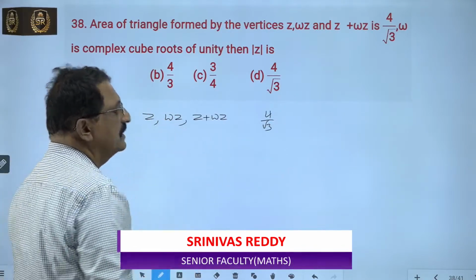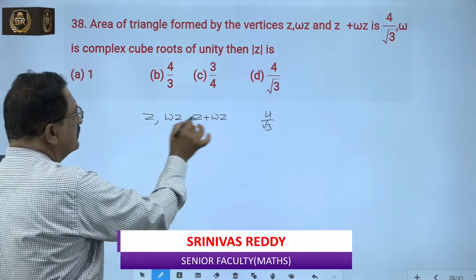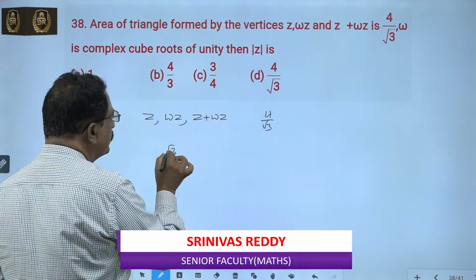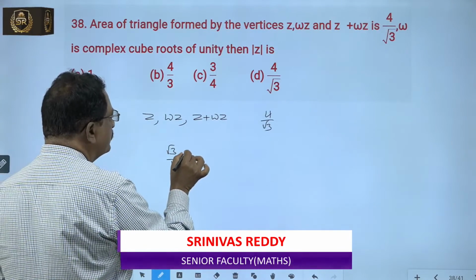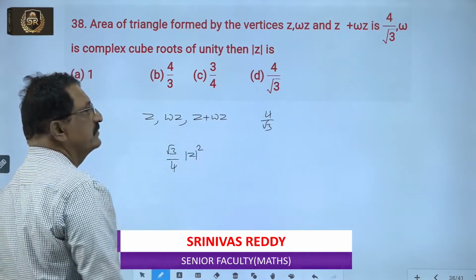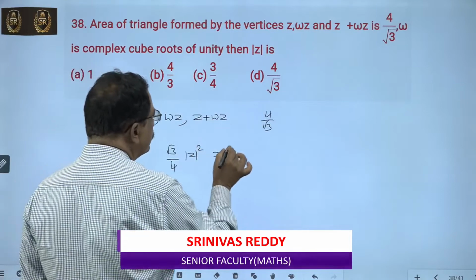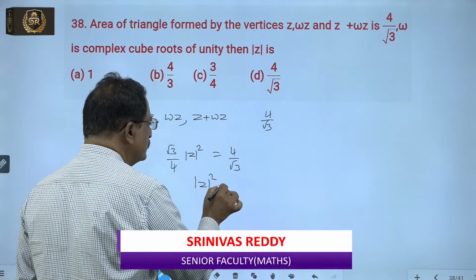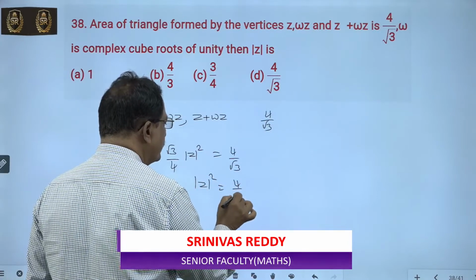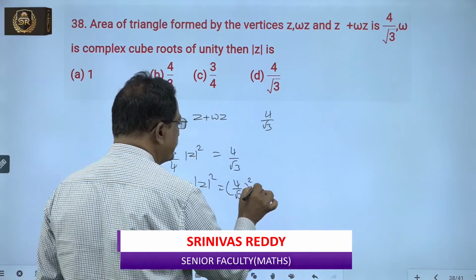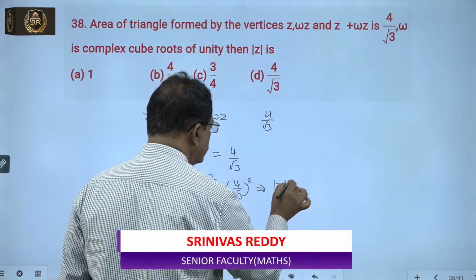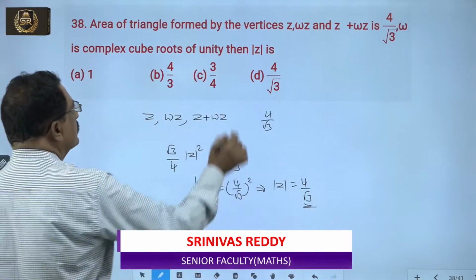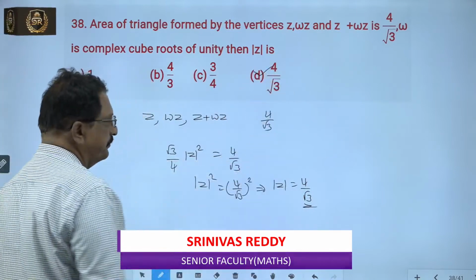Now, here the area of the triangle formed by these values equals root 3 by 4 mod z square, but that equals the given 4 by root 3. Mod z square equals 4 by root 3 whole square, or implies mod z equals 4 by root 3. Mod z equals 4 by root 3. Option D.